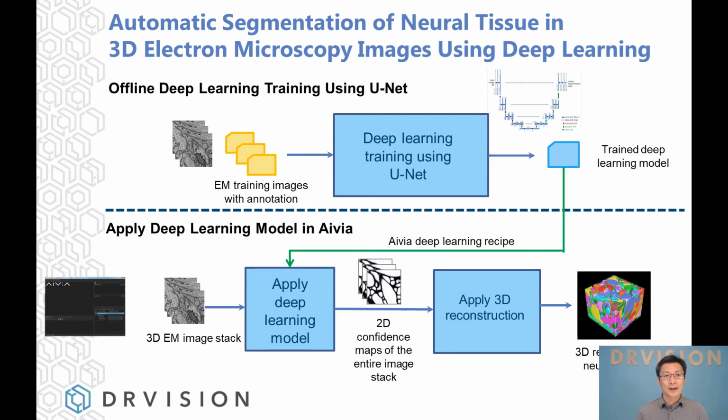When we apply the deep learning model in Aivia, first the trained model is loaded onto Aivia and becomes an Aivia recipe, and then we apply the recipe on the 3D image stack to generate 2D confidence maps. From the 2D confidence maps, we reconstruct the neural tissues in 3D. You can see the 3D reconstruction mesh on the right lower corner.